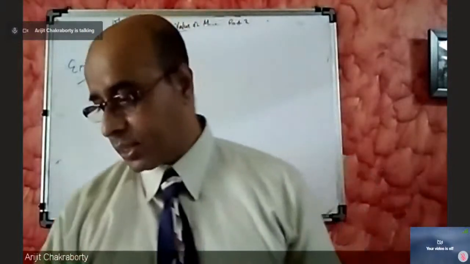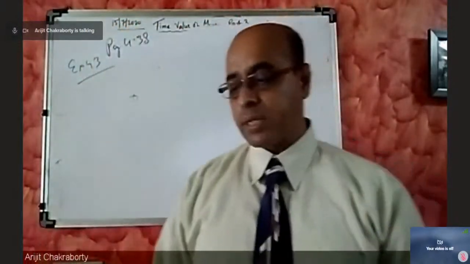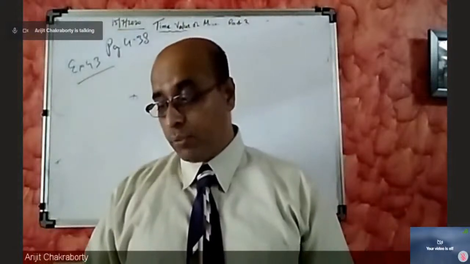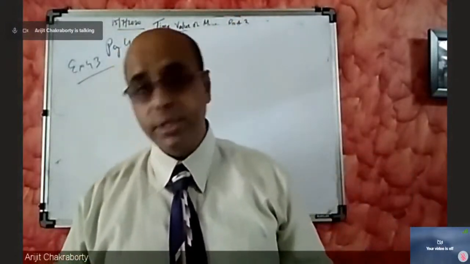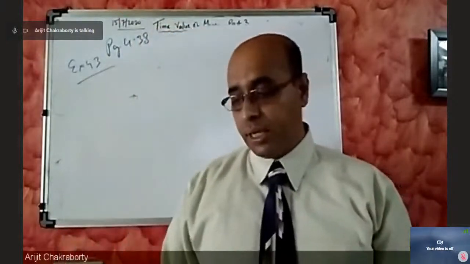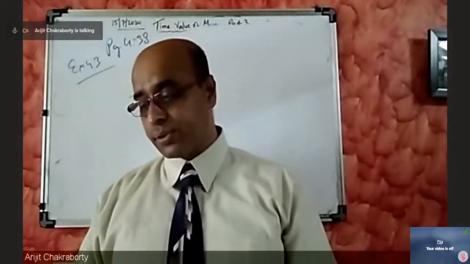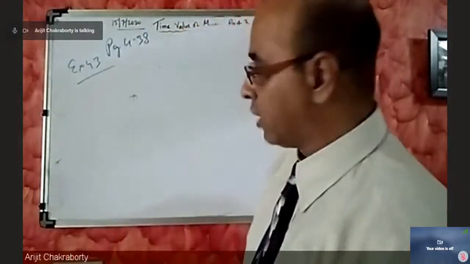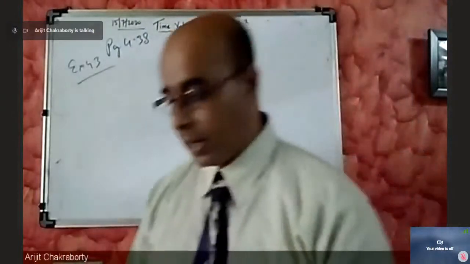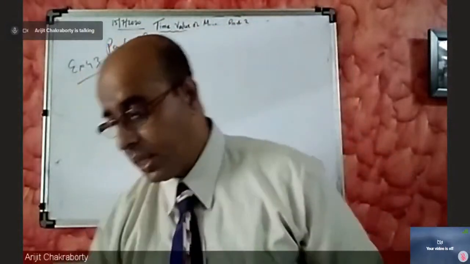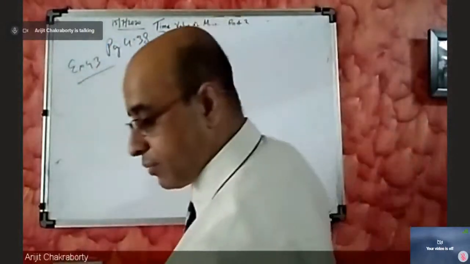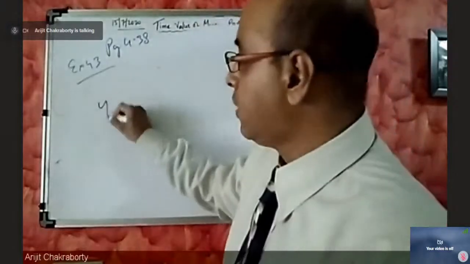The question is, compute the net present value for a project with a net investment of 1 lakh and net cash flows. Year 1 is 55,000, year 2 is 80, and for the third year is 15,000. So the same table, if you see, which I was doing here, the same thing is given here.